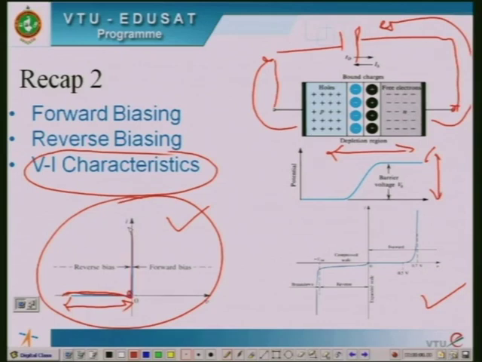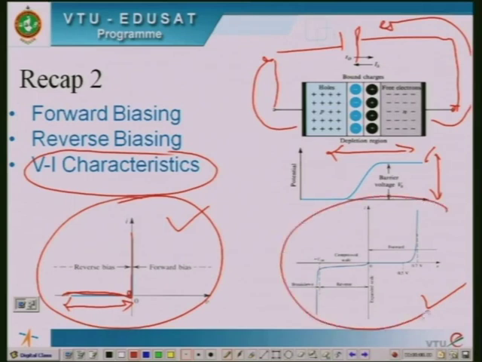So you have two regions: one is the forward bias region, and the other is the reverse bias region. In forward bias, the diode acts as a short circuit and current flows, whereas in reverse bias the diode acts as an open switch, and therefore the current flowing through it will be 0.